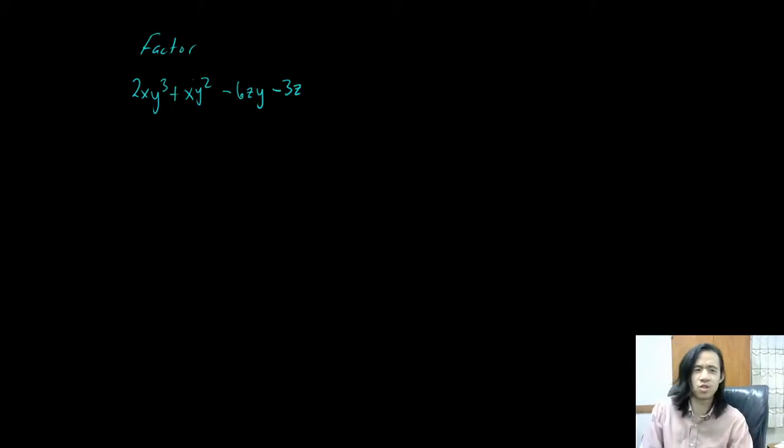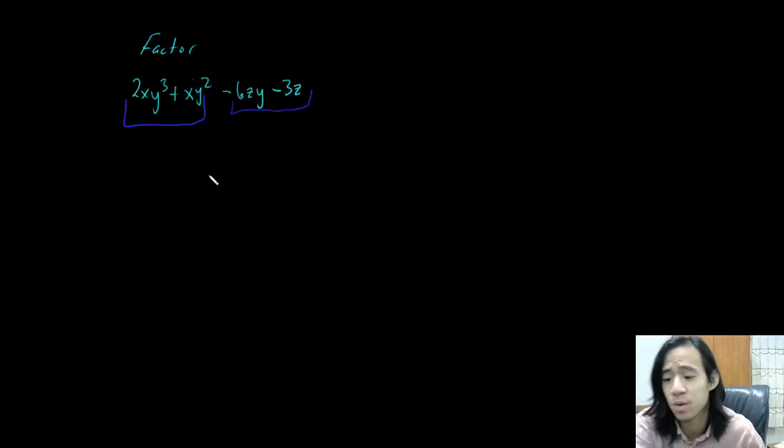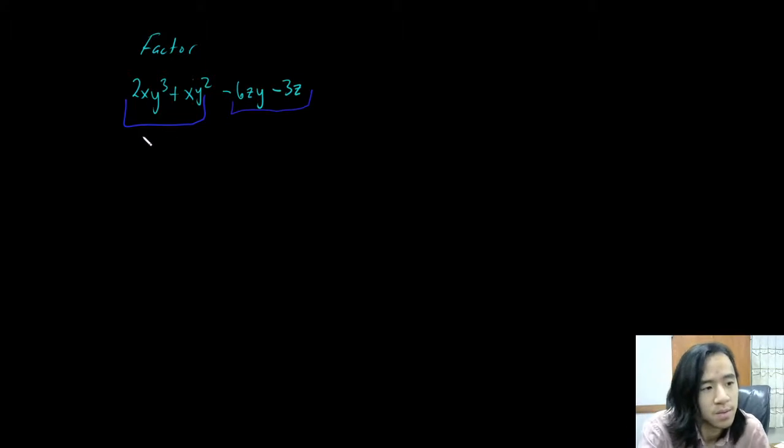Alright, so this one looks crazy, but I guarantee you it's the same thing. So let's take a look. You're just going to GCF the first pair and GCF the second pair. And for all these examples, I would like, if you're watching this, to try these on your own before you watch me do the example. But anyways, go ahead.